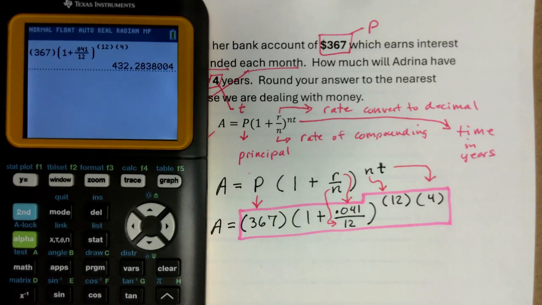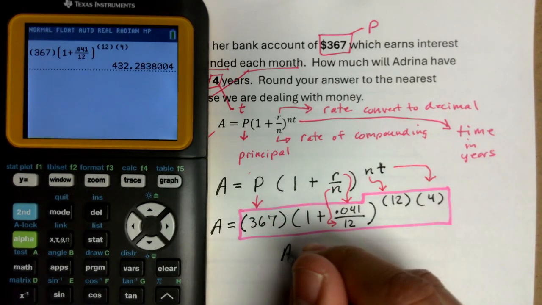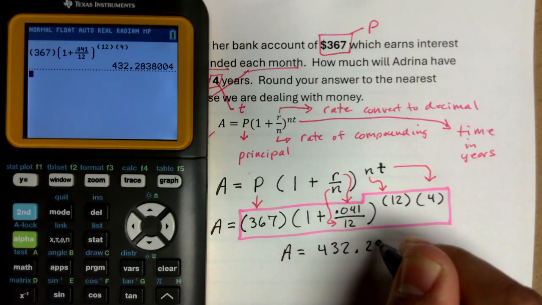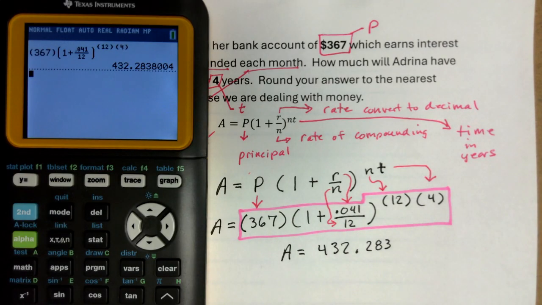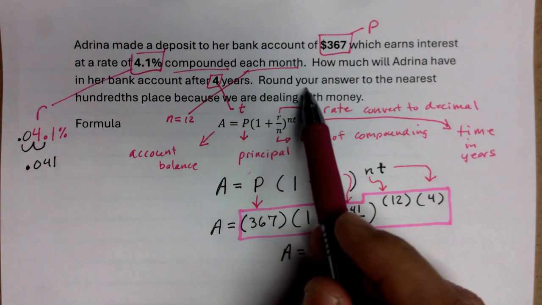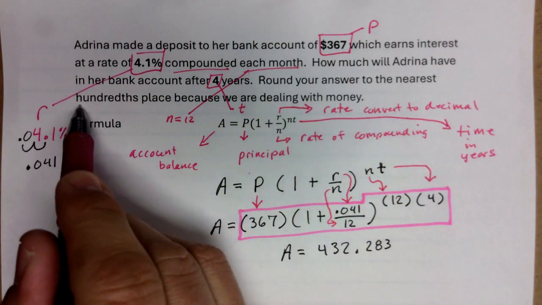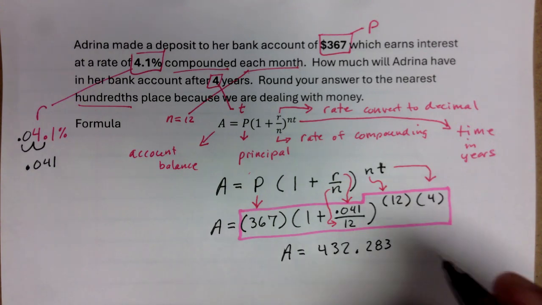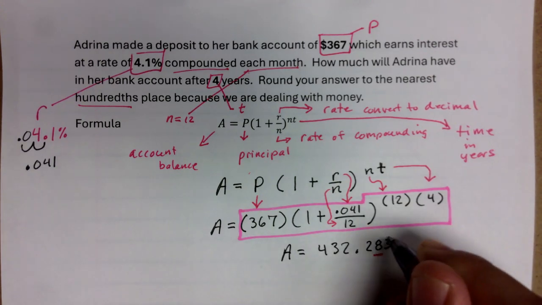I have this all in. I'm going to hit enter, and here's my answer. So A is equal to 432.283. Now, the last thing you're going to do is notice it says round your answer to the nearest hundredths place, because we're dealing with money. When you go to the grocery store, you don't have 3 digits when it talks about the cents. You just have 2 digits. So it's going to get rounded to the hundredths place.